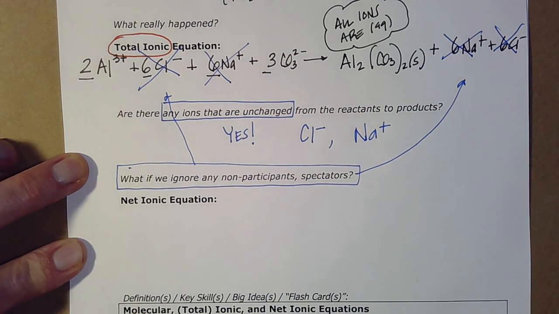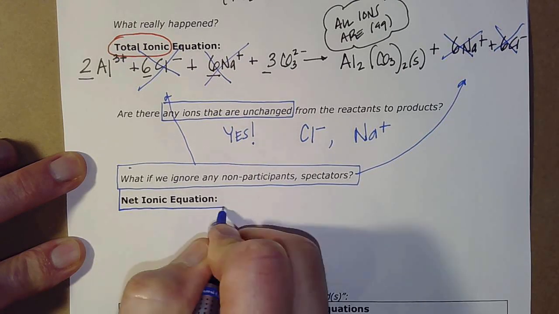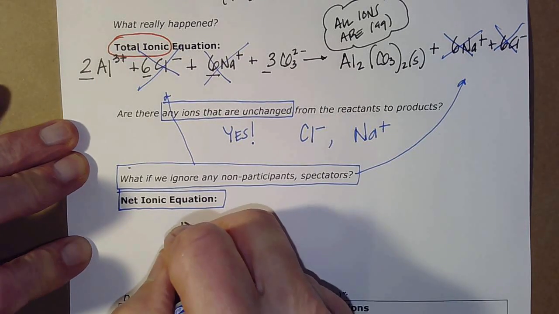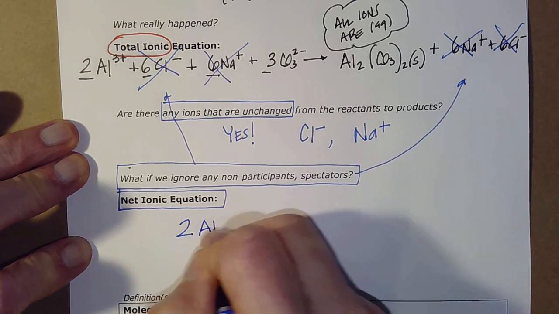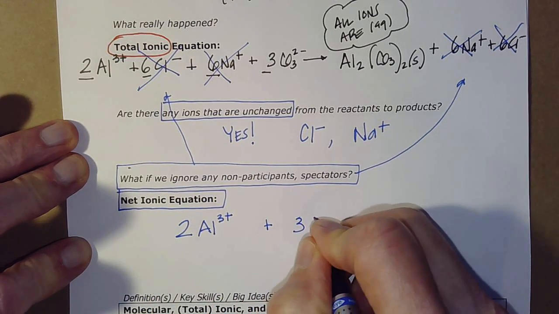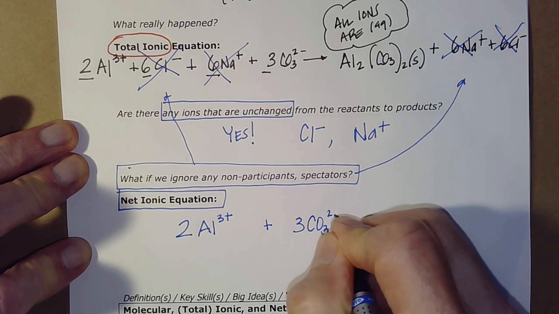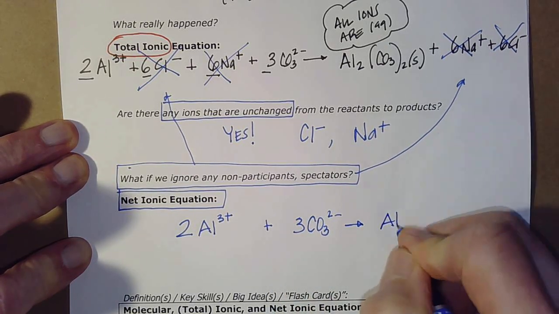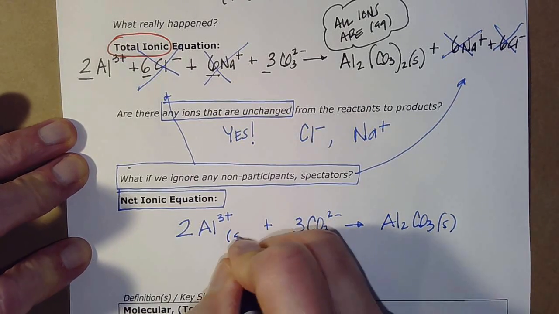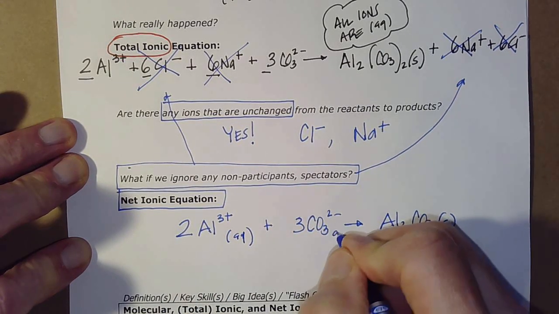And when I do that, we call it the net ionic equation, meaning, okay, don't tell me about stuff that didn't react. Just tell me the net reaction, which would look like 2Al3+ plus 3 carbonates gives me Al2(CO3)3 solid. Now, aqueous.